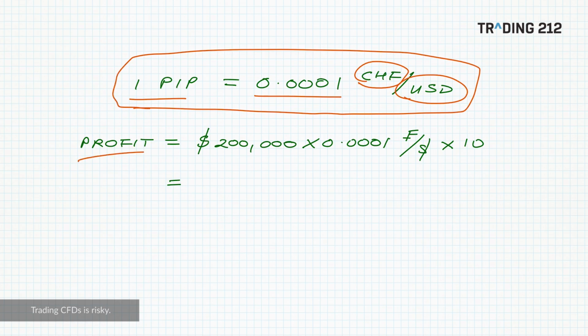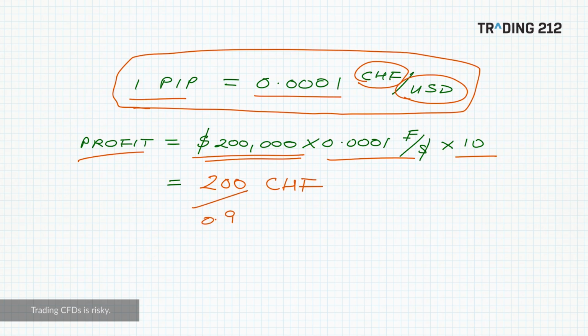So your profit is your $200,000 transaction size multiplied by that pip value multiplied by the number of pips you made. And so your profit, if you work those numbers through, works out as 200 Swiss francs. At an exchange rate of 0.9802, that's roughly about 204 US dollars in profit.